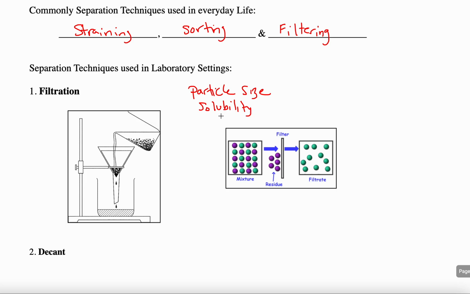So when we use the idea of filtering here in chemistry class, usually we have some sort of liquid portion to the mixture blended in with other things. Some of the particles dissolve in the water part of the mixture and pass through the filter paper along with the water. The particles that are larger and stay on the filter paper, they tend to be insoluble.